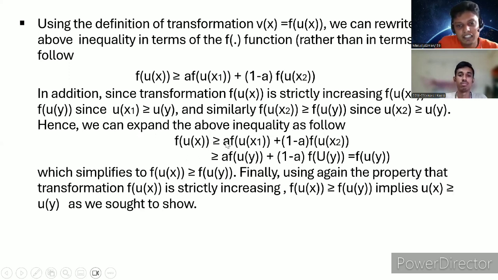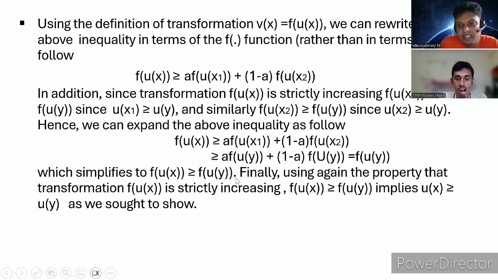Hence we can expand the above inequality as follows: f of u of x is greater than or equal to alpha f of u of x1 plus 1 minus alpha f of u of x2, which is greater than or equal to alpha f of u of y plus 1 minus alpha f of u of y, equal to f of u of y. This simplifies to f of u of x being greater than or equal to f of u of y.